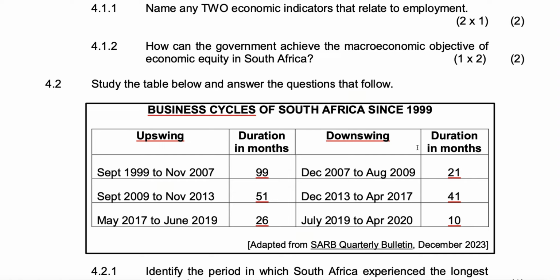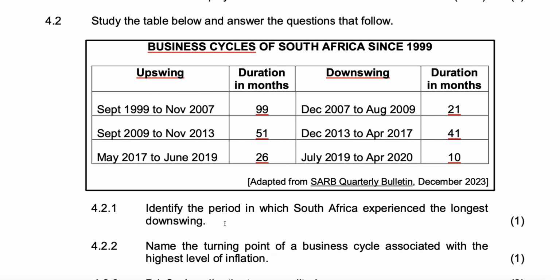So we go down and then we turn around at the trough, we go up, then it ends at the end of this 51st month. So from these 21 months going down, the going down started from a peak. Then when it gets to this 51, it has reached the next peak, because now it starts to go down again. So that's why I was saying 21 plus 51, it's a length. 99 plus 21, it's a length. But this will be trough to trough. This will be peak to peak.